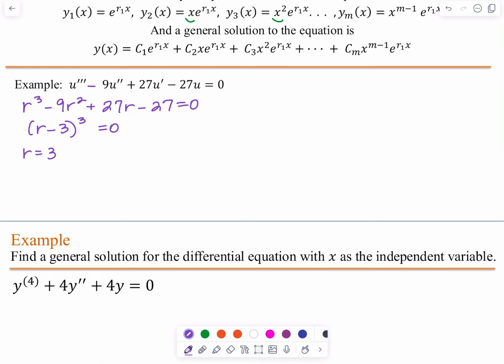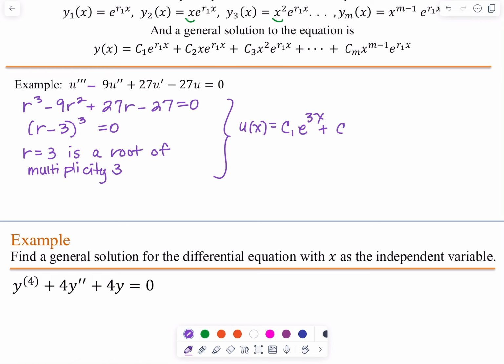So we have just one root of multiplicity 3. So r equal to 3 is a root of multiplicity 3. And then our general solution will be u of x is equal to c1 e to the 3x. And now we need to go ahead and include extra factors of x.